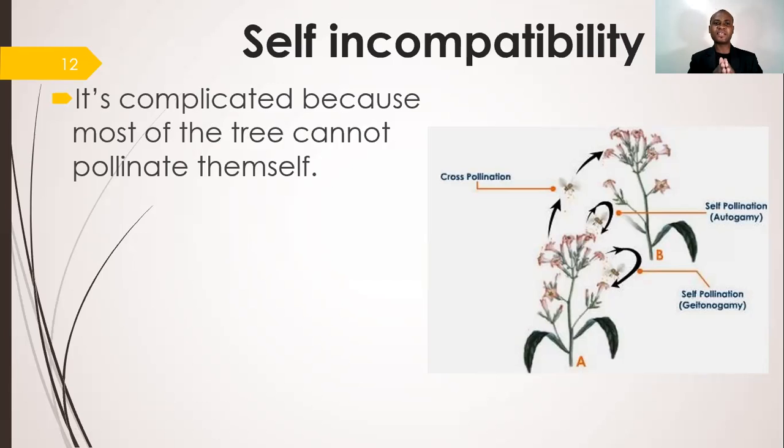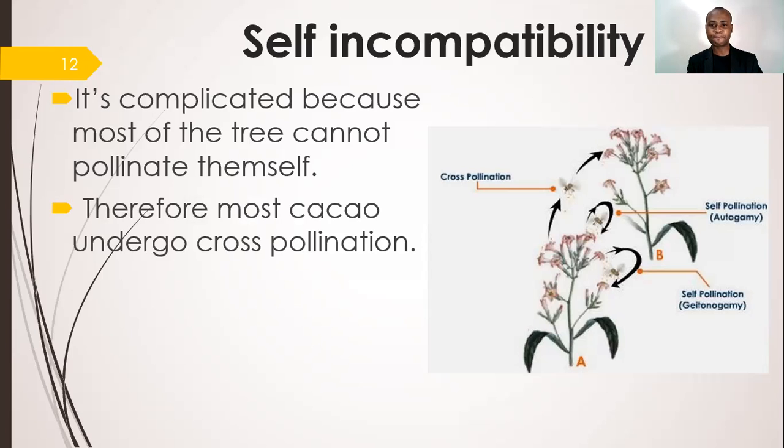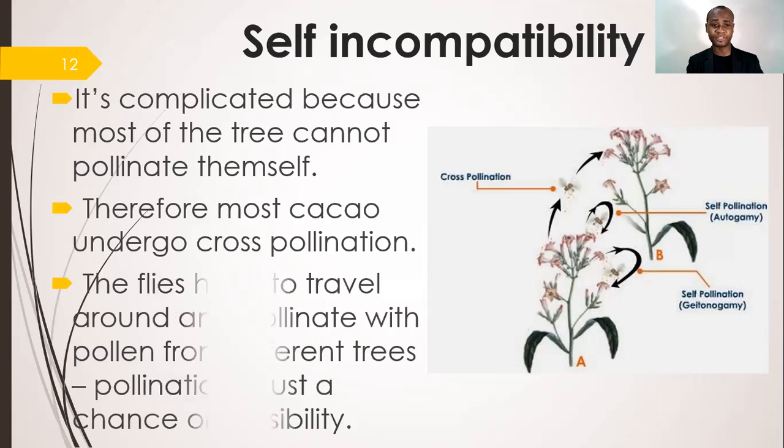Okay? So we are saying pollination is complicated because most of the trees cannot pollinate themselves. Okay, they cannot pollinate themselves. And because they can't pollinate themselves, if ever self-pollination takes place, the flowers are going to fall completely. Okay, therefore, most cacao undergo cross-pollination, like I mentioned.